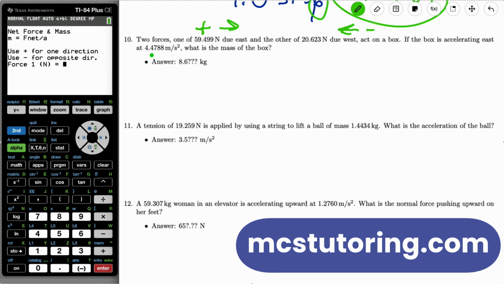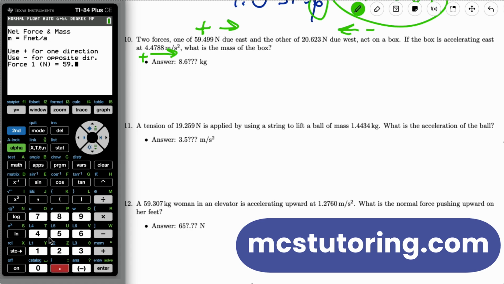So that means going west is negative. So accelerating east, this is going to be a positive acceleration. So just kind of keep that in mind. So force 1 is 59.499. And since force 2 is opposite direction, we're going to go negative. So it's negative 20.623. And then acceleration, that is a positive 4.4788.